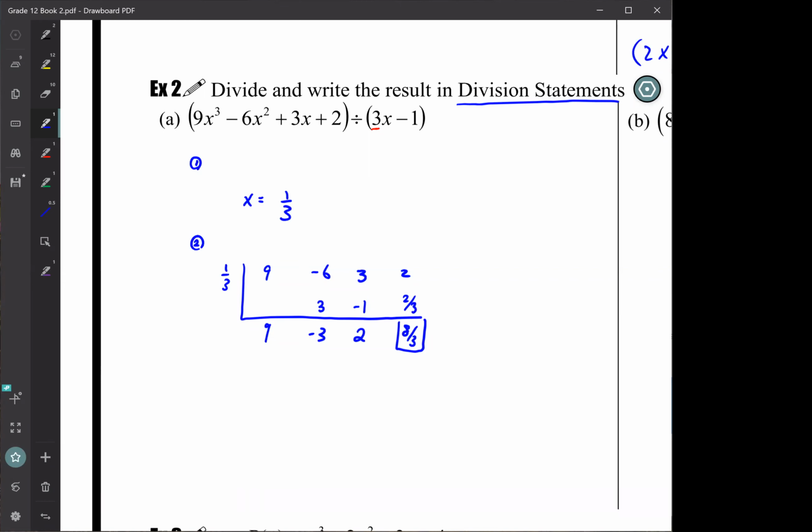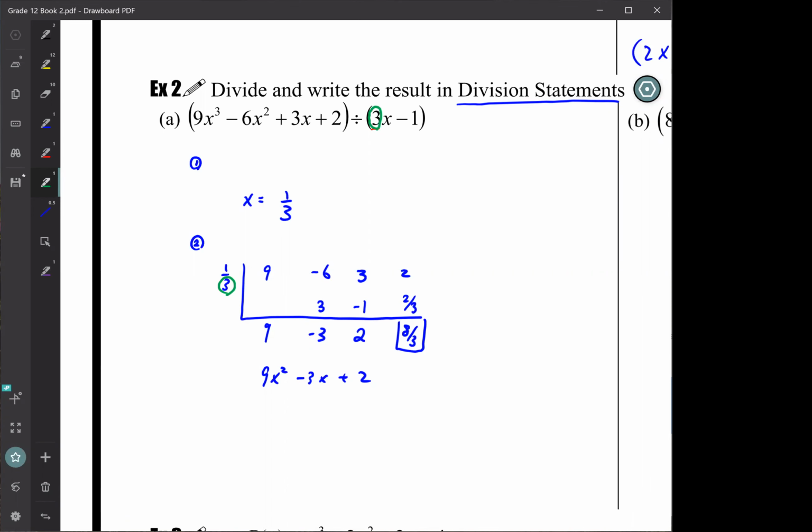Okay. Now, what about the quotient? Eric, how do we get the quotient then? Is it 9x² minus 3x plus 2? Okay, looks like that, yeah, but that's not the final quotient. Oh, divide by 3. Yes, okay, because of the 3 in the coefficient of the divisor, right?